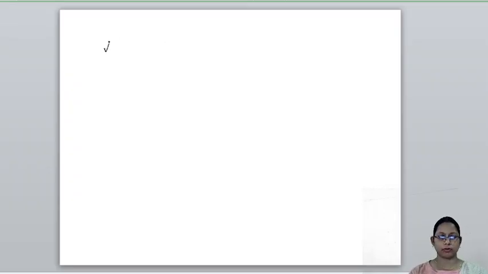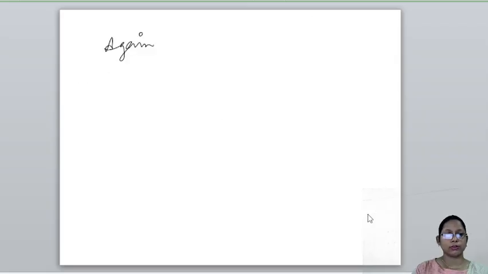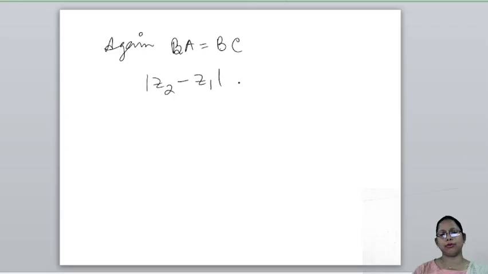Again, one can easily see that this is an isosceles triangle, so side BA is equal to BC. BA is modulus of Z2 minus Z1, and BC is modulus of Z2 minus Z3.